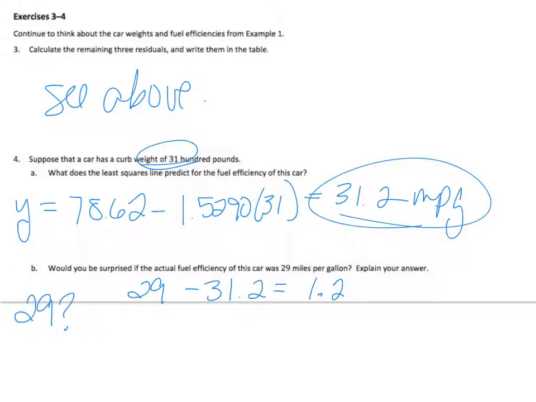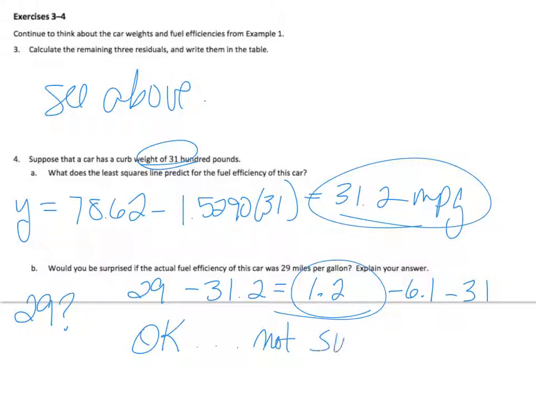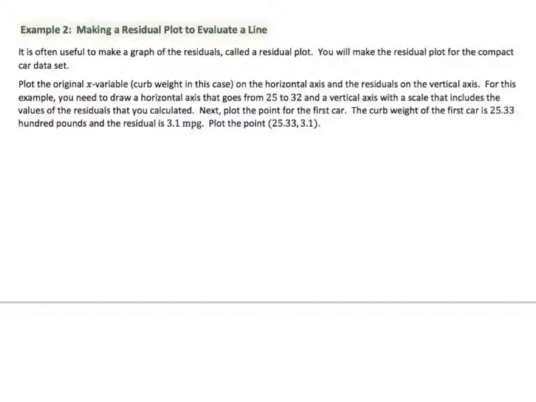If I look at my chart, my residuals go anywhere from negative 6.1 to positive 3.1. So a residual of 1.2 is okay. I'm not surprised because it falls within the range.